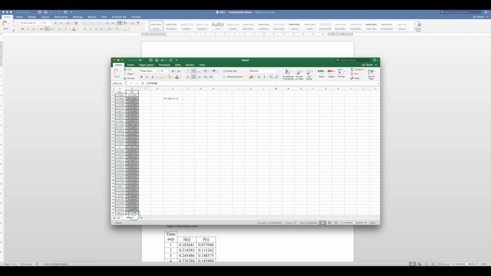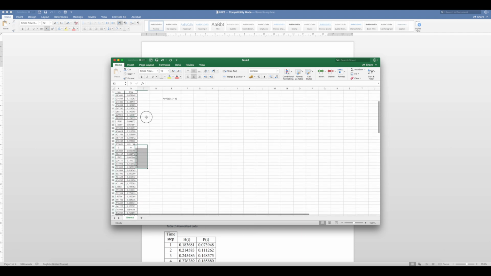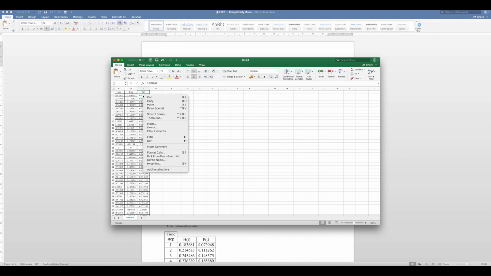I will copy this one to get another copy of it. As I said, this value should be used to predict this value, and this one is used to predict this value. Therefore, I will remove this value from here.